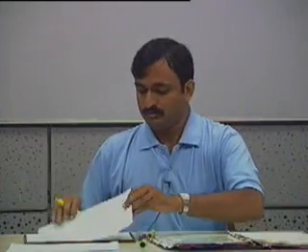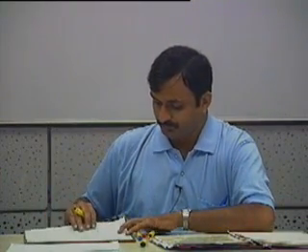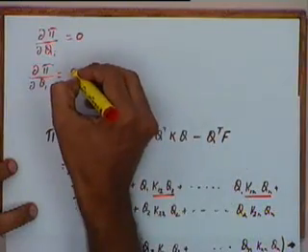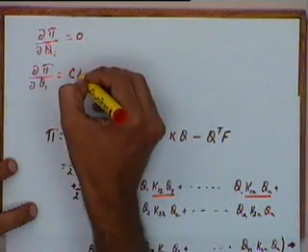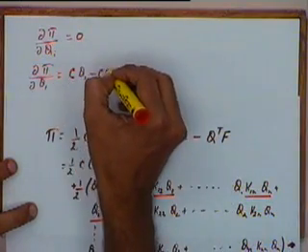The term from here will give me c times q1 minus c times a1.